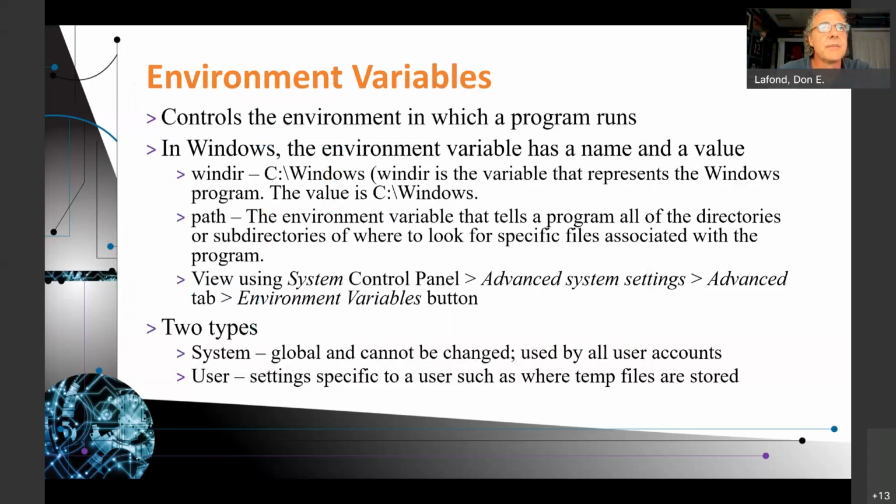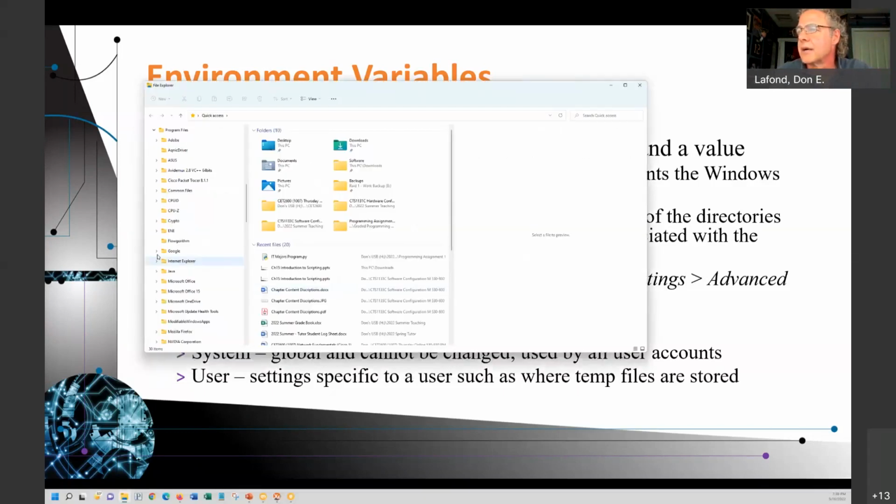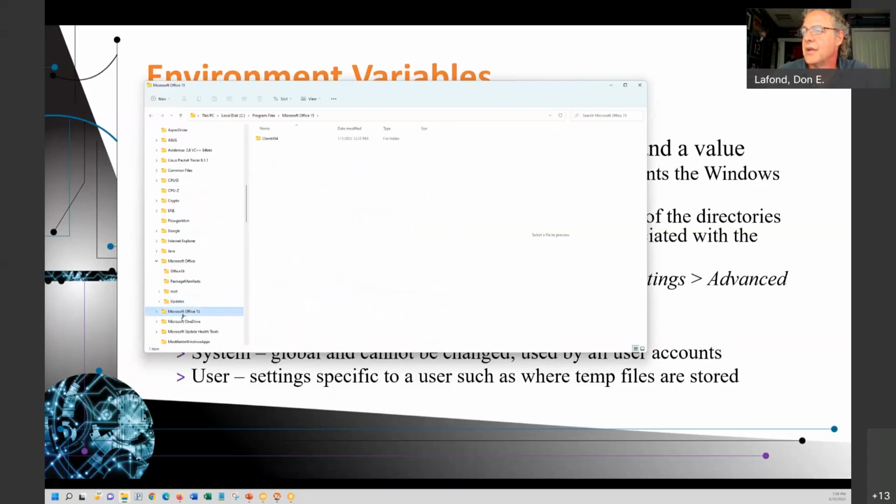So, for example, I can go to Cisco, that's not a good example, Microsoft Office, and I can go to Office 16, which is the newest one. It looks like I still have some files from the older operating system on my computer, probably just some variables left over from the last installation.